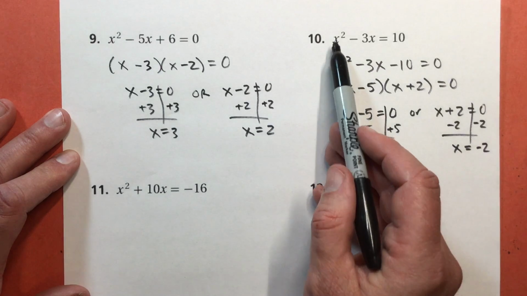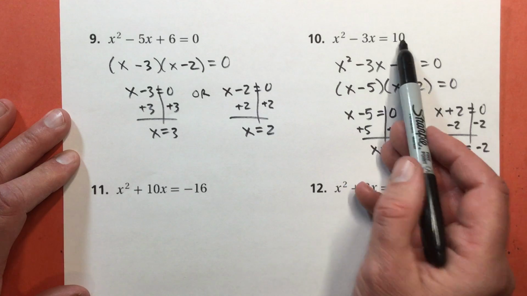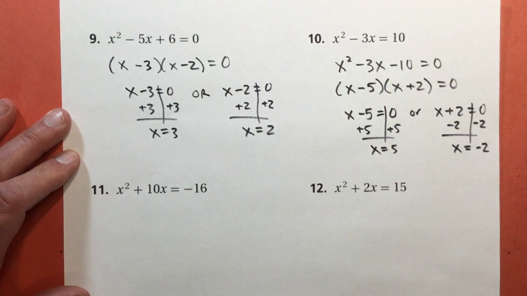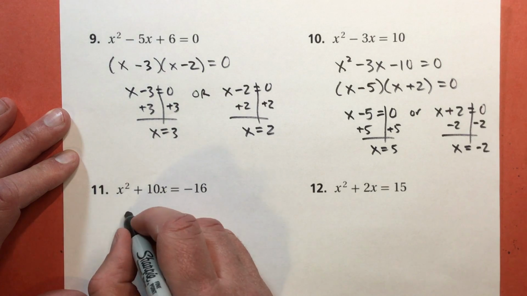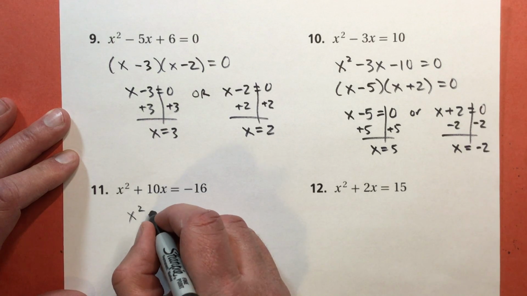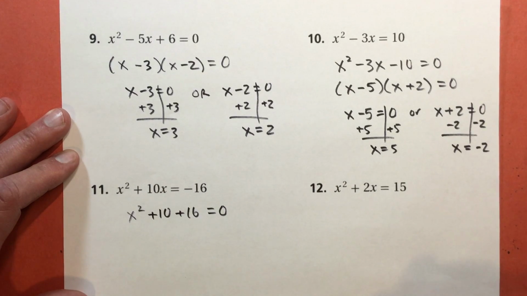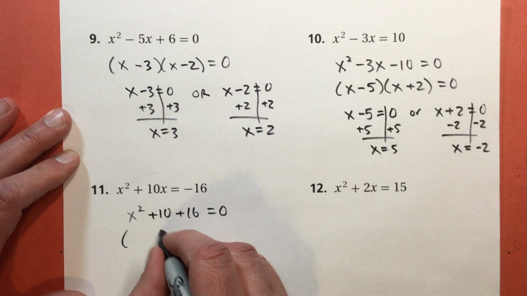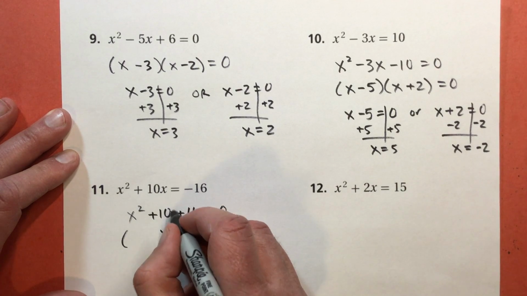I'll do one. 5 squared is 25. 3 times 5 is 15. 25 subtract 15 does equal 10. And then you can do the same thing for negative 2. All right, like this one I have to add 16 to both sides. So I get x squared plus 10x plus 16 equals 0. What two numbers multiply to give 16 but add to give 10? Oh, I forgot my x, 10x.